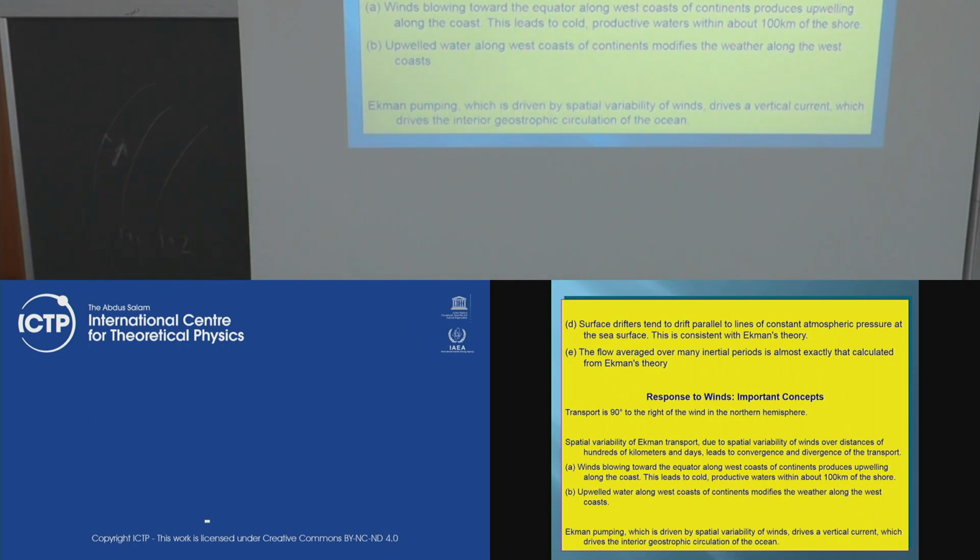Okay, so these are two important things. We will be talking a lot about that later on, when we try to explain the transport in the world ocean by steady winds and the maintenance of the large gyres in the world ocean.